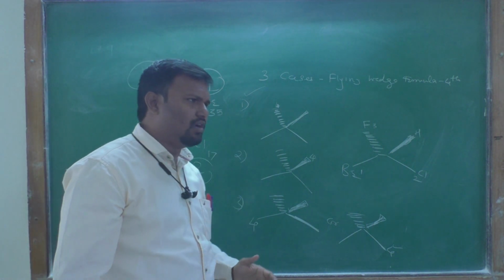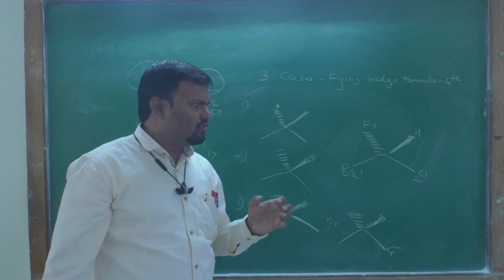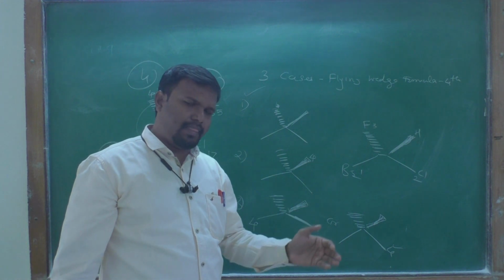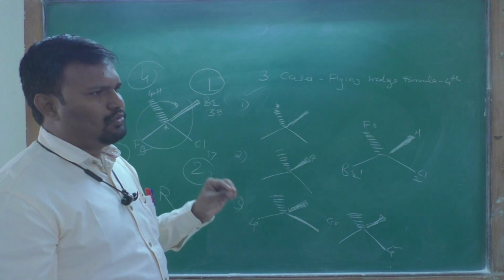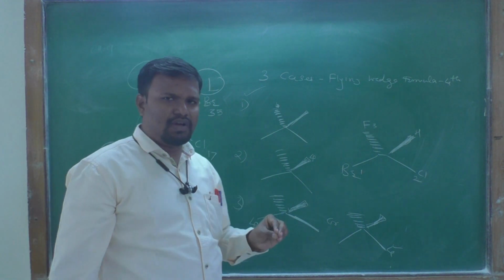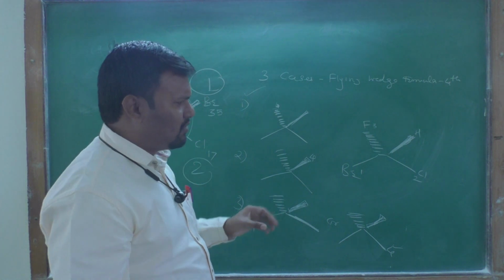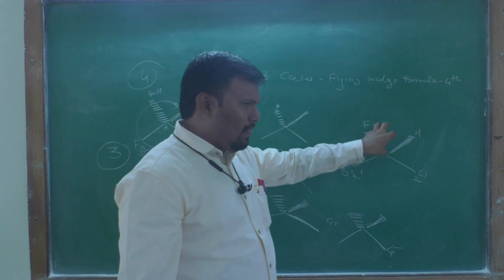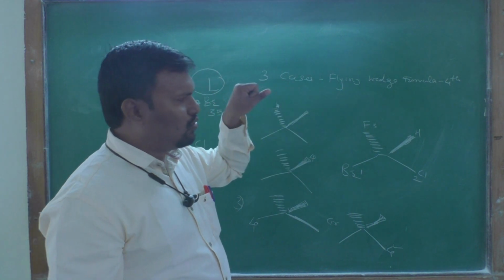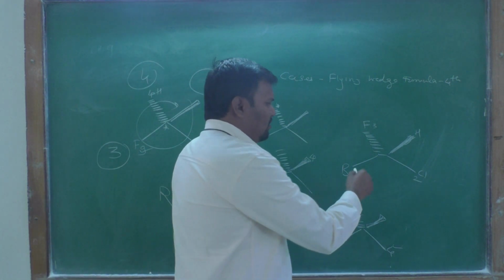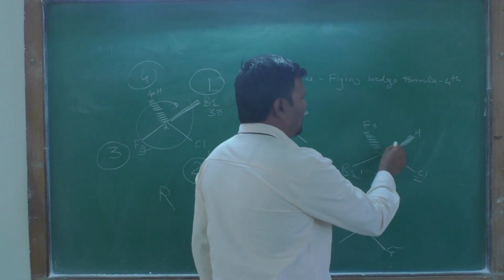Okay, according to the rules, when you assign the R and S configuration, your fourth group should be pointing away from the observer. But in this case, your fourth group is not pointing away from the observer, it is pointing towards the observer. Therefore, in this case, your rotation is anti-clockwise.